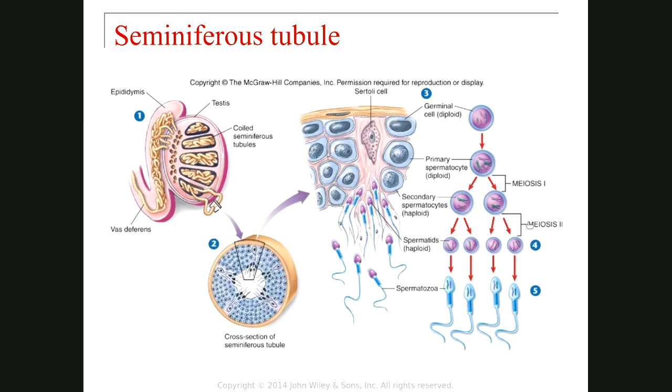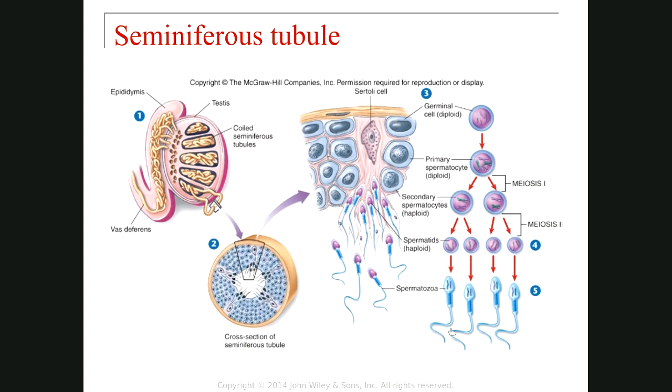By meiosis 2, we have 4 spermatids, and they are haploid cells. So from each primary spermatocyte, we have production of 4 spermatids. It's important to know. But you see that the spermatids are round cells. They need to have some changes to make a sperm.